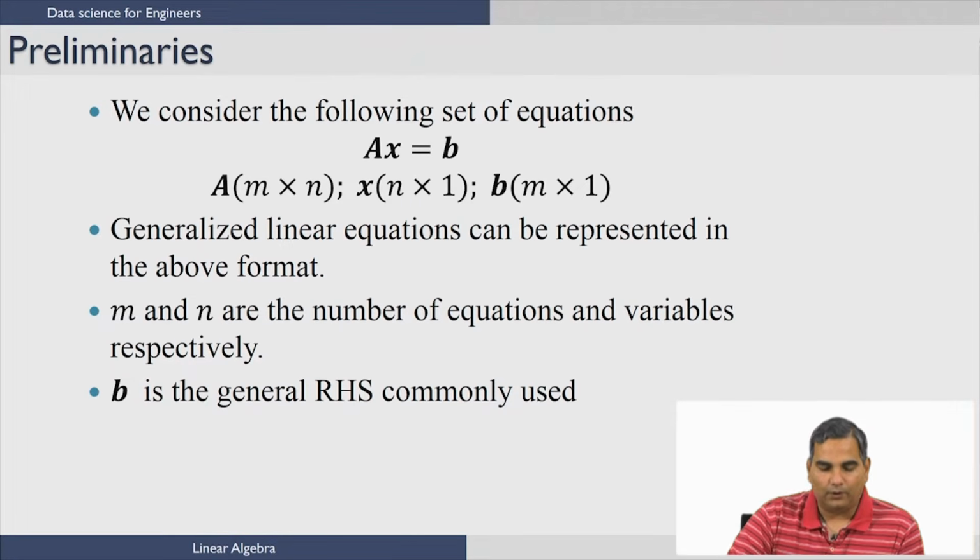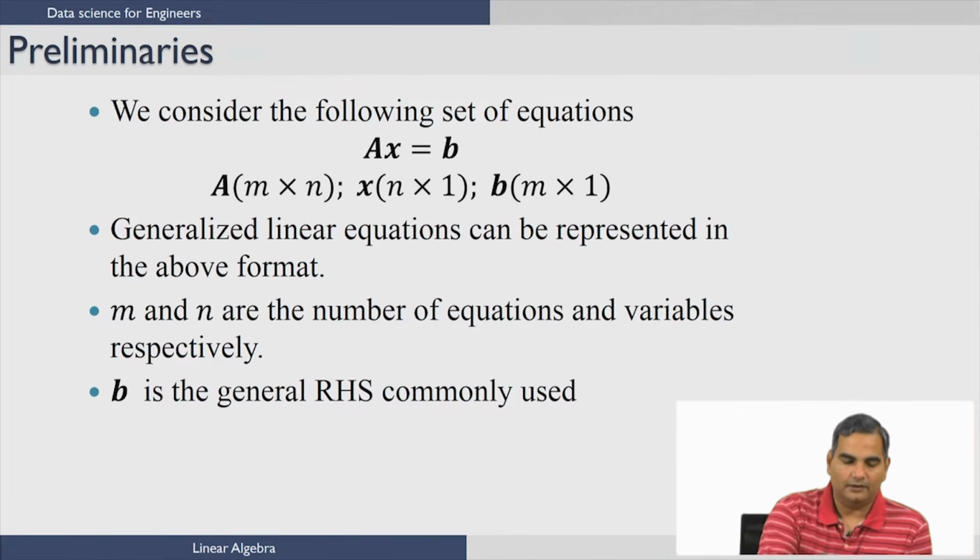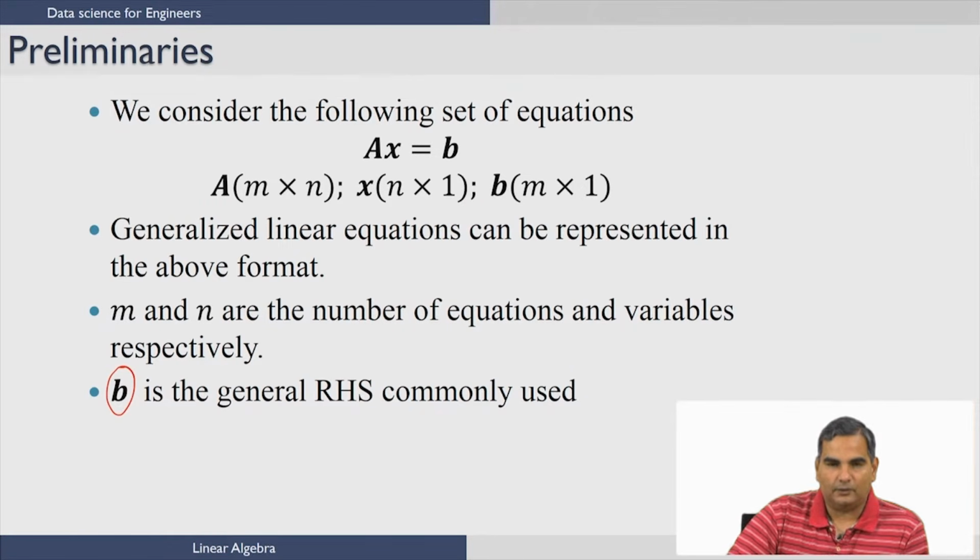So, from that viewpoint, m represents the number of equations in the system of equations and n represents the number of variables, and in general b is the constant matrix that is used on the right hand side. So, when we write Ax equal to b, this represents a set of m equations in n variables.